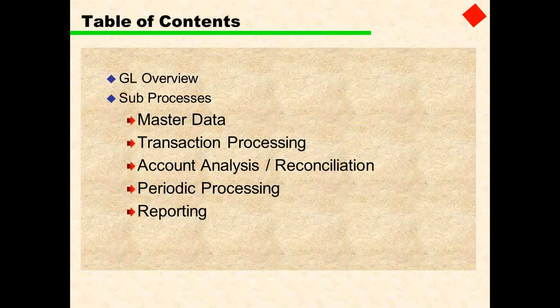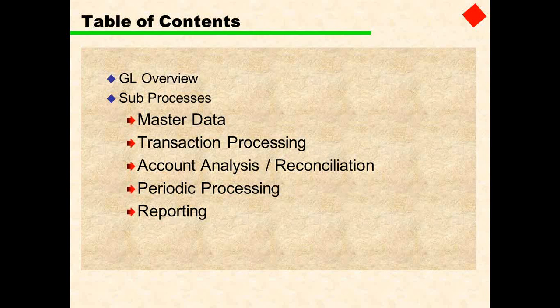Okay. And also, once you do the transactions, we also have account analysis. Also, it's called the reconciliation account. So you have to basically reconcile your subledgers versus ledger. You have to perform your account analysis. What is the balances in your ledger? What are the balances in your subledgers?